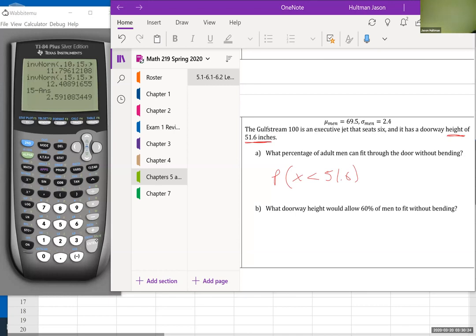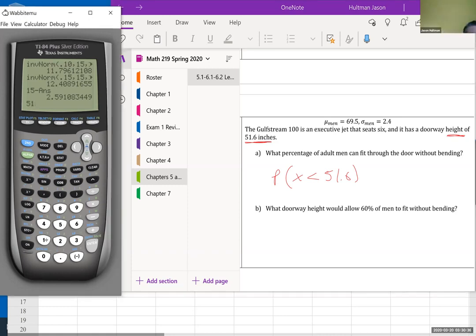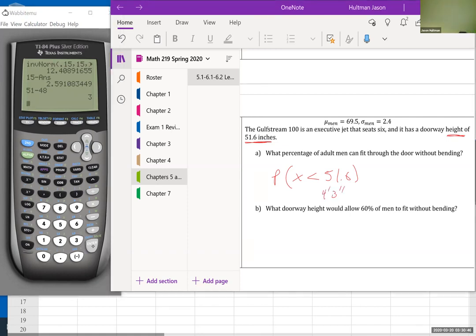That seems very short to me. 51 minus 48 is 3. That's 4'3". So the door is 4'3". I don't know a lot of men that are 4'3". So this is going to be an extremely low number, hopefully.